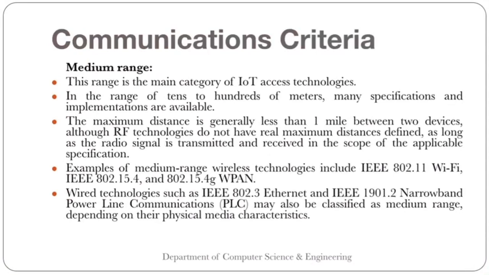Wired technologies such as IEEE 802.3, that is Ethernet, and IEEE 1901.2, that is narrowband power line communication, may also be classified as medium range depending on their physical media characteristics. So these are some technologies in medium range.